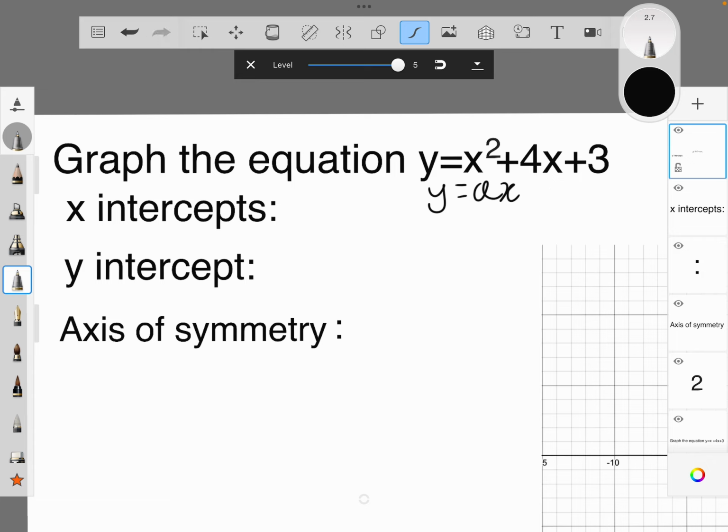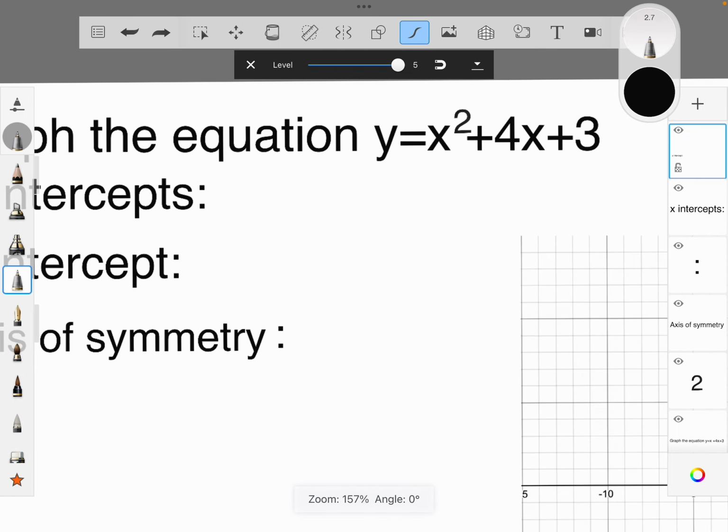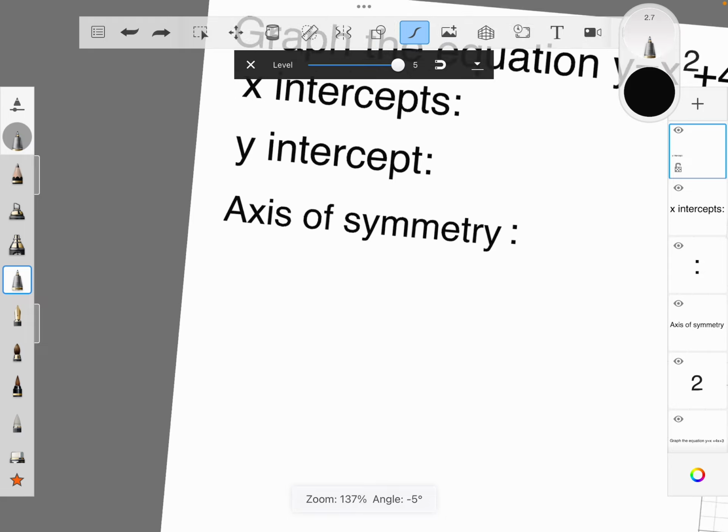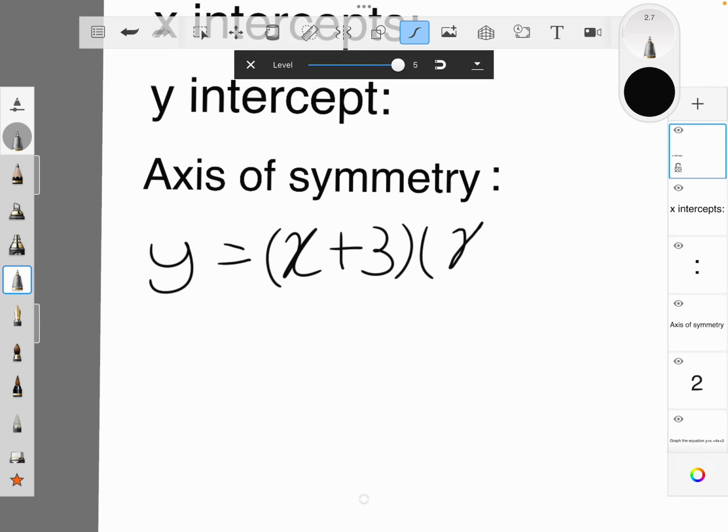To first find out what the x-intercepts are, we're first going to need to convert the equation into factored form. So, converting y equals x squared plus 4x plus 3 into factored form will be y equals (x plus 3)(x plus 1).